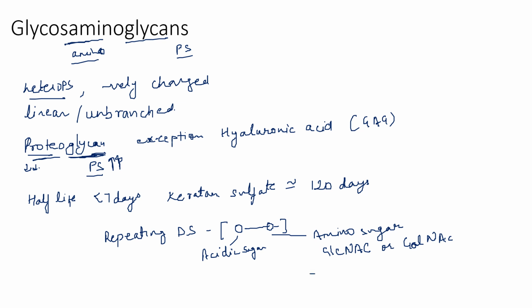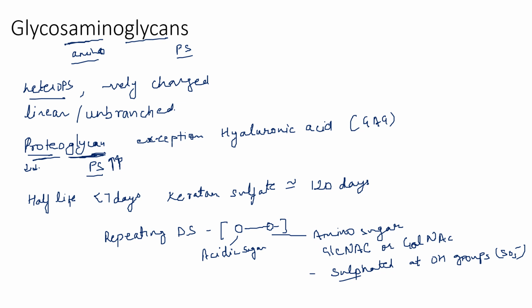This amino sugar is usually sulfated at different OH groups. This sulfate group, SO3, provides negative charge, and the acidic sugar is also negatively charged, so this imparts more negative charge.